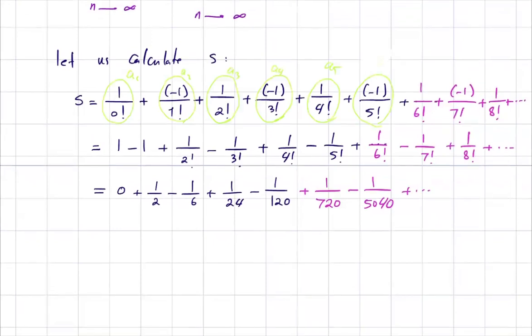Let me just change this to 0, then 1, then 2, then 3. This is A0, then A1, then A2, A3, A4, A sub 5, A sub 6, A sub 7, A sub 8.